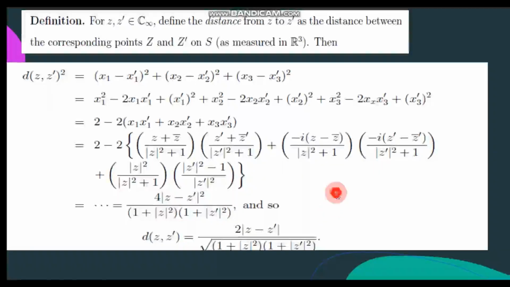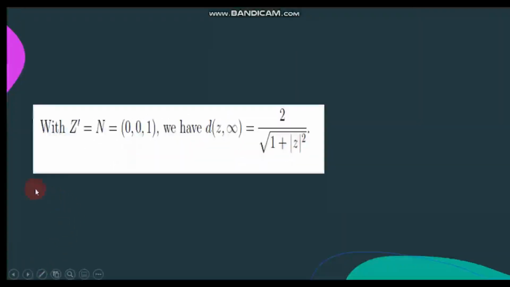One more point is there: we need infinity. What is the distance of infinity with z? You can take capital N equal to 0, 0, 1. So d(z, infinity) will be, with the point (0, 0, 1) substituted, 2 by root of 1 plus mod z square, that is, 2 by 1 plus mod z square whole raised to 1 by 2.